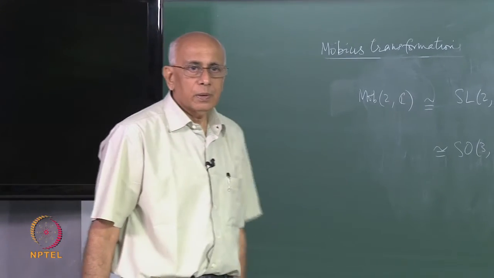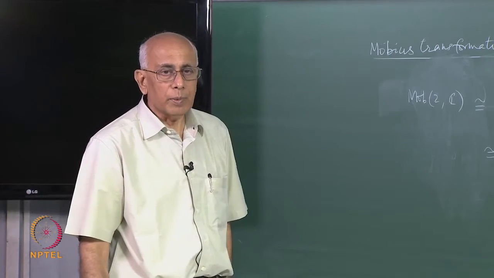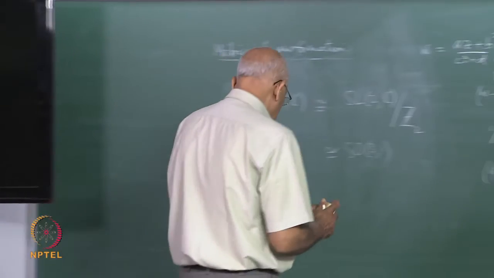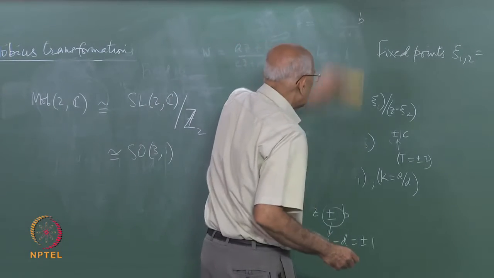Okay. So this is the general Möbius group, but we could ask the question, are there any subgroups of this group, namely a subset of transformations which themselves form a group among themselves, and the answer is yes. Let us write that down.